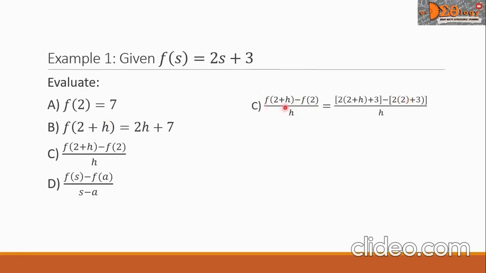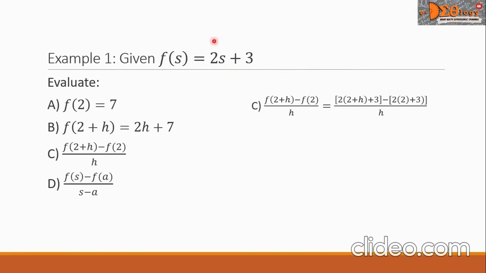For the f of 2 plus h, we will consider again that same function. We will copy here, but instead of the s, I will put the 2 plus h. So we have here 2 times the quantity 2 plus h, then plus 3. This is for the f of 2 plus h. Then minus the f of 2. The same idea.